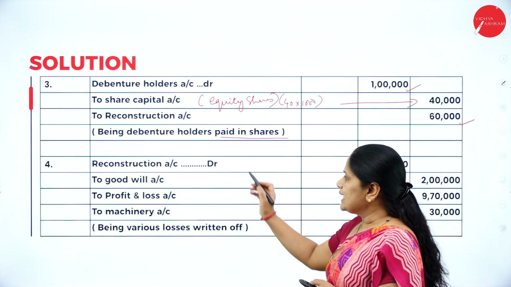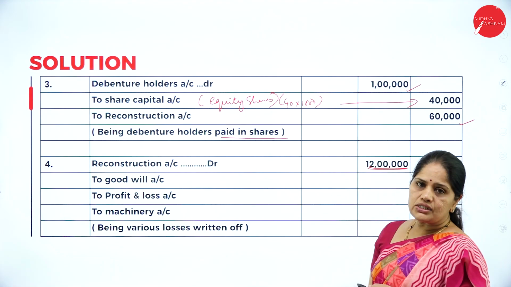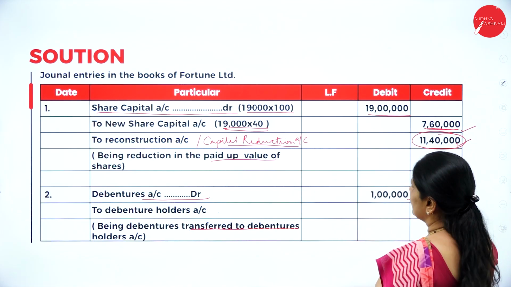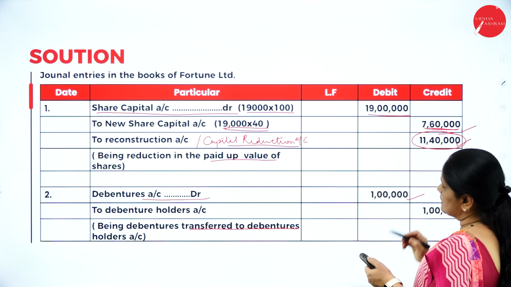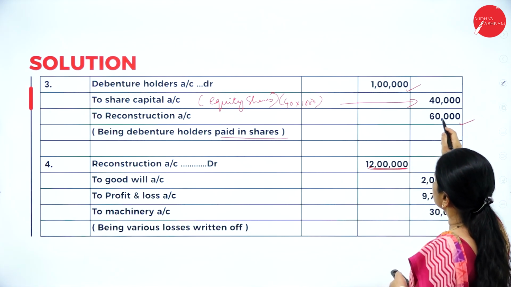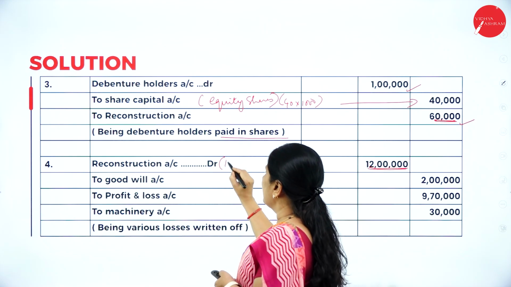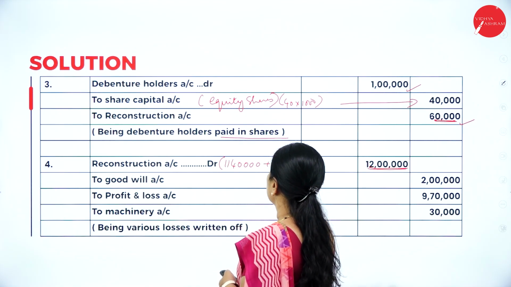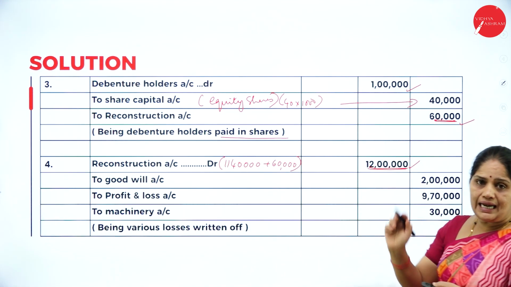Next, reconstruction account debit 12 lakhs. How do we get this 12 lakhs? If you can see the balance here, there is a credit balance of 11 lakhs 40,000 and here there is a credit balance of 60,000. So 11 lakhs 40,000 plus 60,000 will be how much? 12 lakhs. So I have written 12 lakhs here.